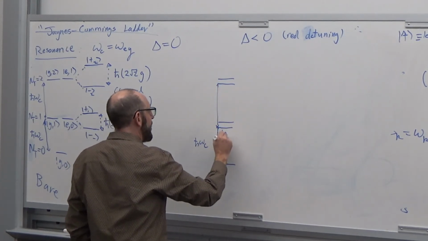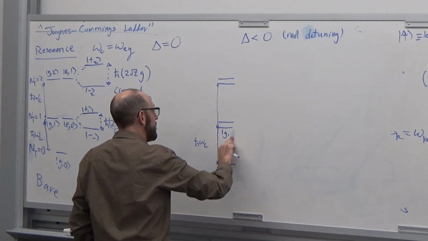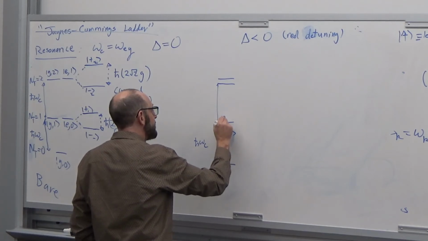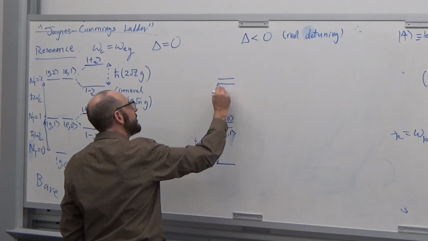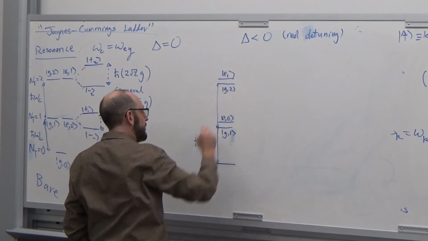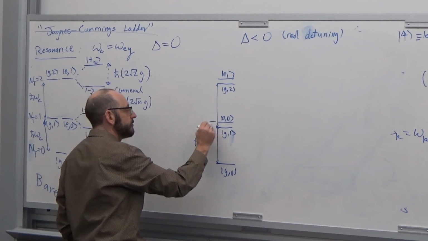This is the ground state with one, or the excited state with 0. This is the ground state with 2, or the excited state with 1. This is the ground state with 0, and this is the detuning.